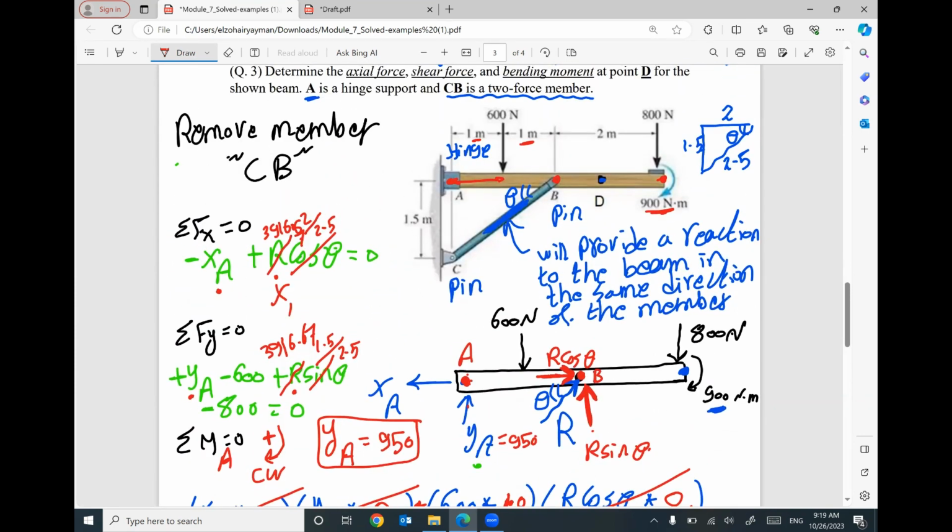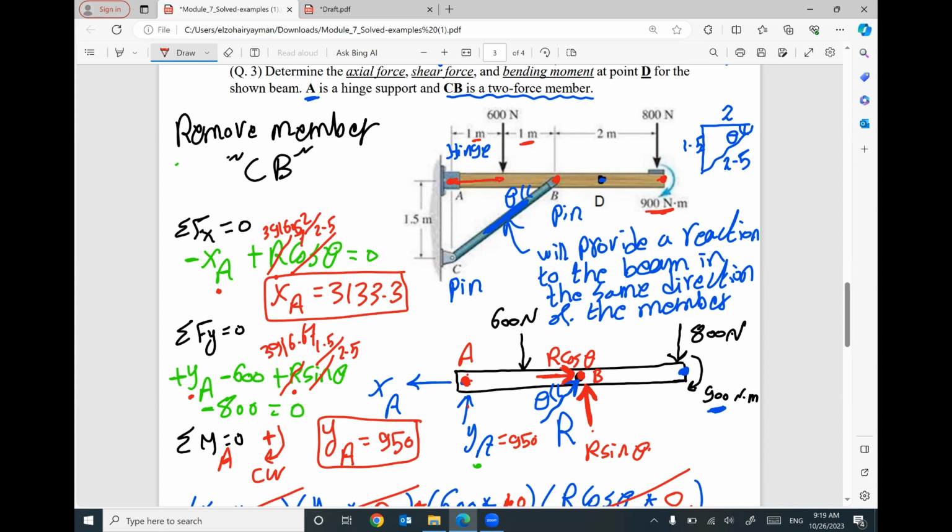I can find out the value of XA, which will be positive 3,133.3. So I found the two reactions at A.